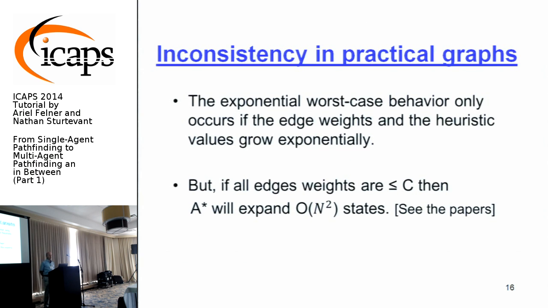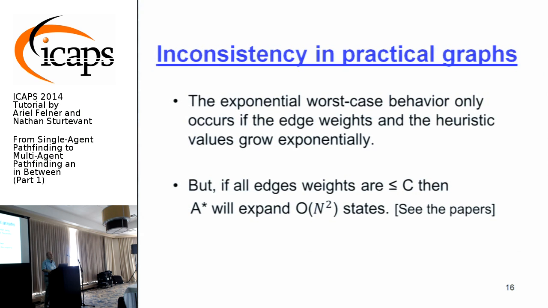But we have shown that it only occurs if edge weights and the heuristic values grow exponentially. We proved that if all edge weights are smaller than a given constant, then A star will expand O of n squared nodes. So this exponential blow up only comes in very extreme cases. In practical cases, if you can bound the largest edge weight, then you are polynomial. In fact, you are quadratic.